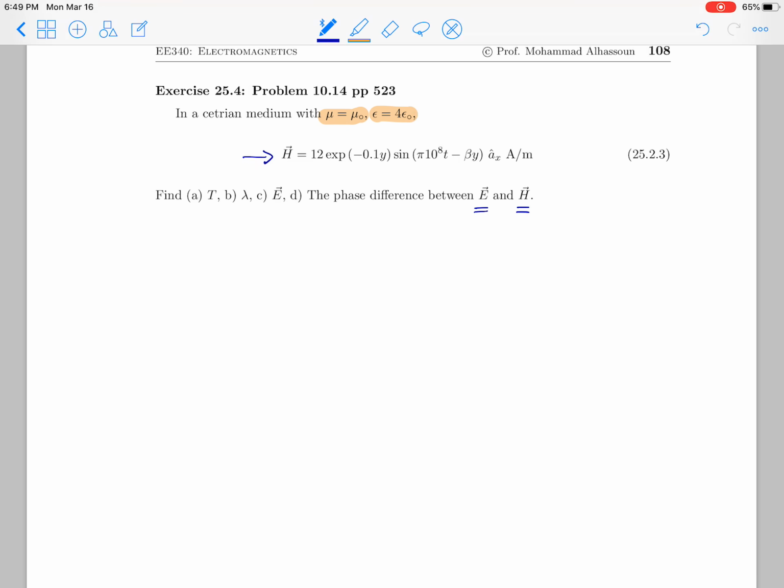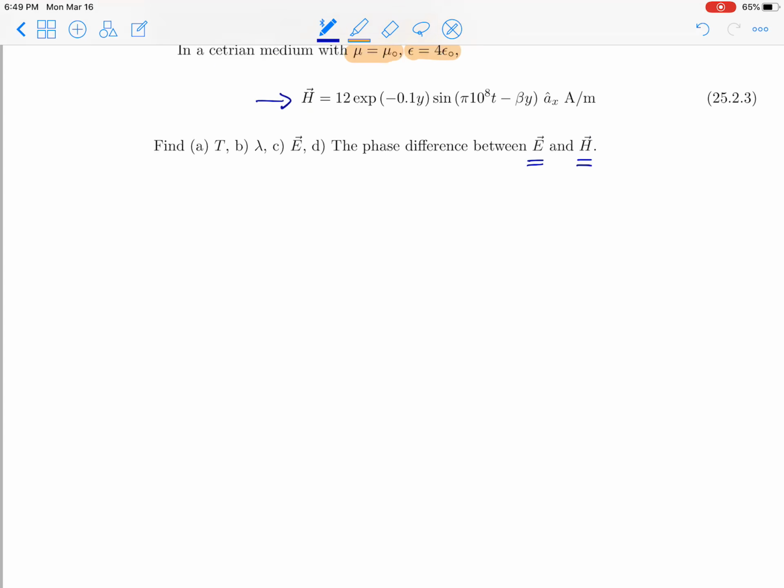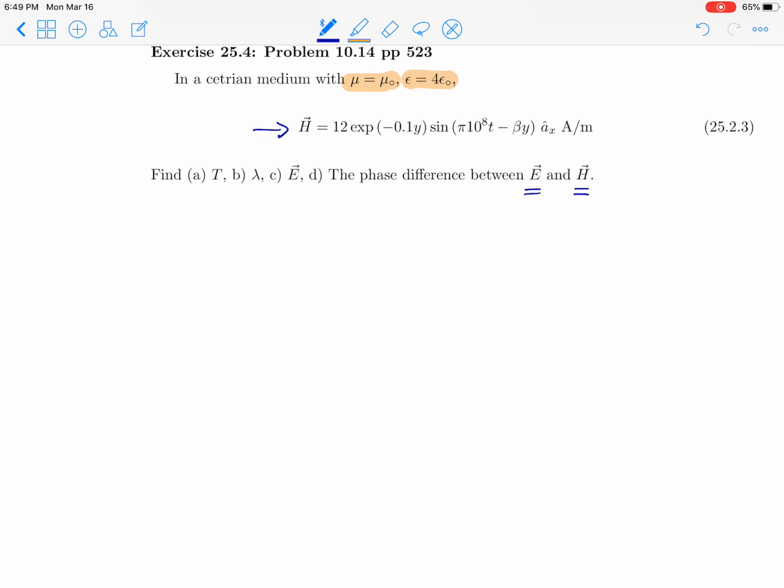Remember, if there is no loss, then the electric field and magnetic field will be in phase. Since the medium is lossy, the electric field and magnetic field will not be in phase. There must be a phase difference between them.